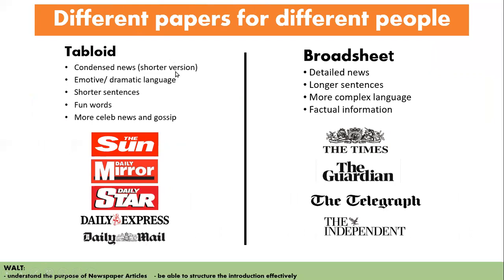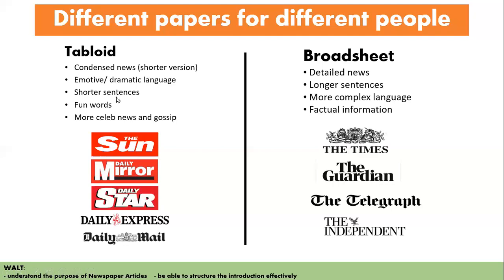So this is a shorter newspaper. Back when newspapers were printed a long time ago, this would have been a much smaller newspaper, whereas the broadsheets would have been much bigger and would have taken up much more space, with huge sheets of paper used. So this is a smaller newspaper. It tends to use more emotive and dramatic language, so it will have really powerful headlines that might be quite funny in some ways.